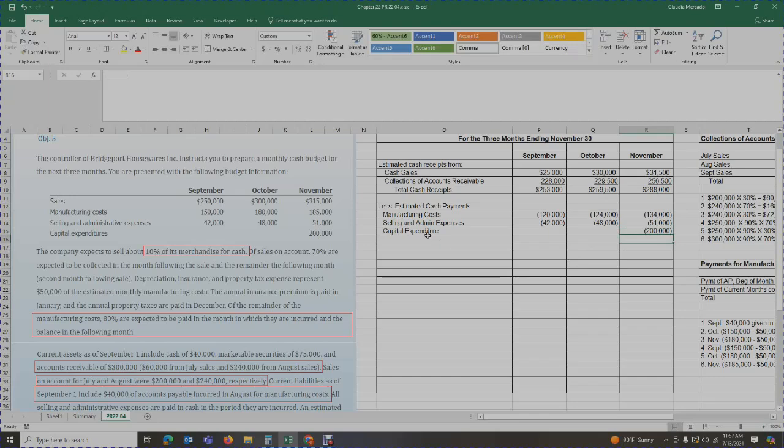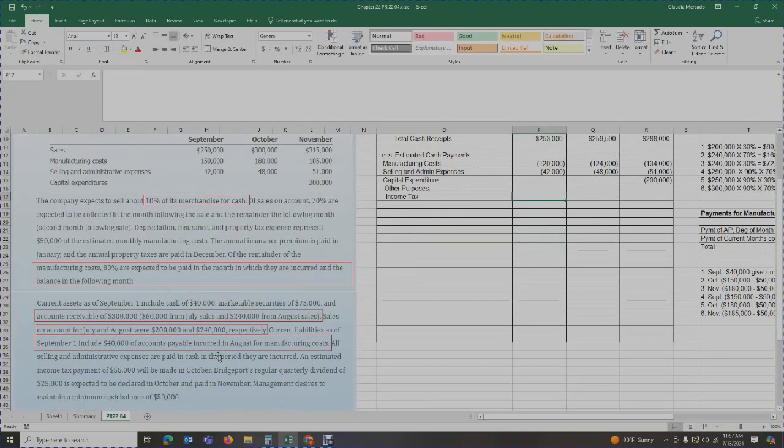Capital expenditures is coming in, and then we have other items. So we have a payment of income tax. If you read towards the bottom, it says here, an estimated income tax payment of $55,000 will be made in October.